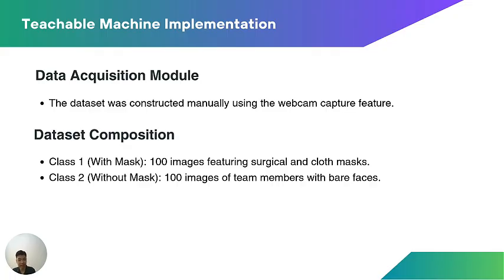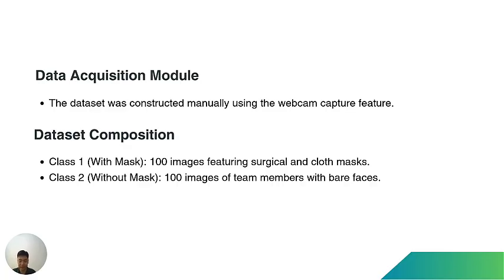For the dataset composition, class 1, which is with mask, there are 100 images featuring surgical and cloth masks. For class 2, without mask, there are also 100 images of team members with bare faces.